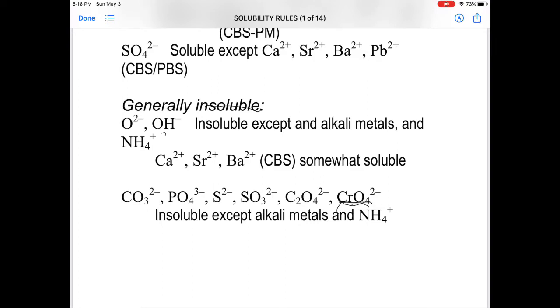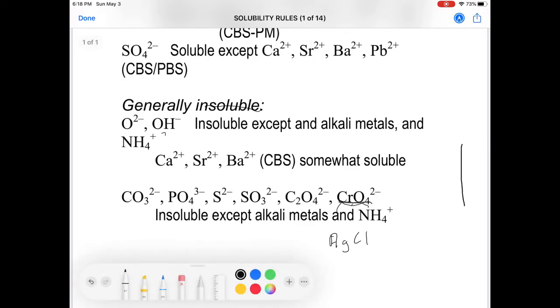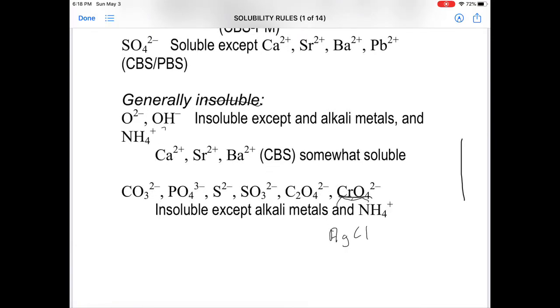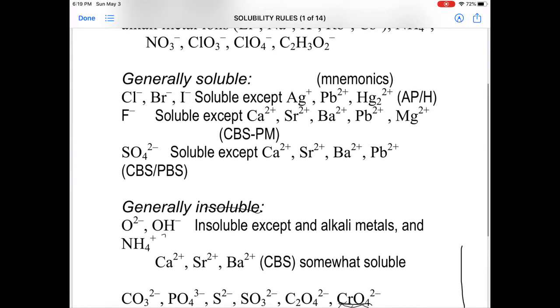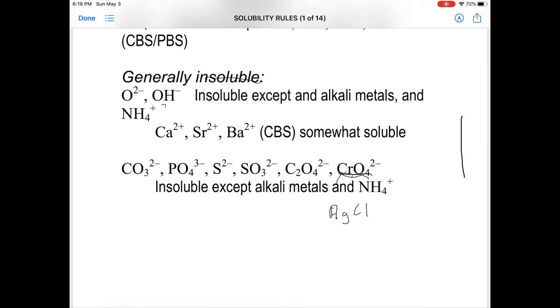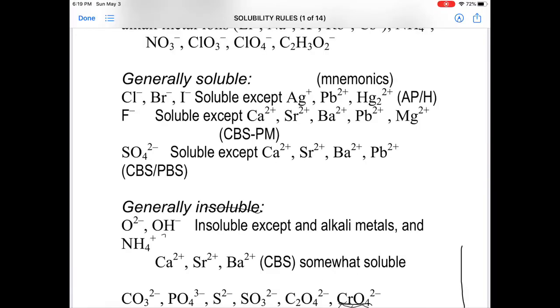So what that means to us is that if we need to make a prediction and we see something like AgCl, and I want to know is that soluble or not. Well, if we look up at the solubility rules, we see that chlorides are soluble except for silver, lead, mercury.